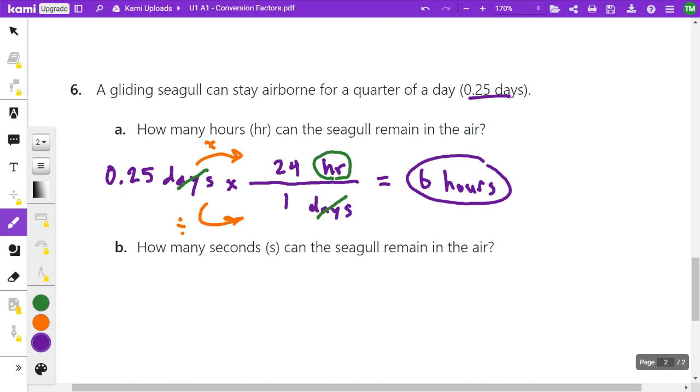Now, I definitely don't know how many seconds are in a full day. So if I wanted to try and convert from 0.25 days into seconds, I don't think I have the conversion factor for that. But hours is a lot closer to seconds as a unit than days is to seconds. Like, I can relate hours to minutes and minutes to seconds, so those are closer. So I figure let's save ourselves some time and continue on from this point.